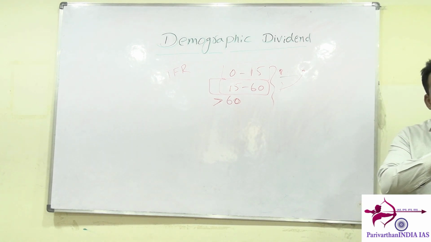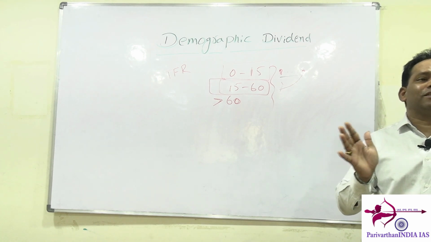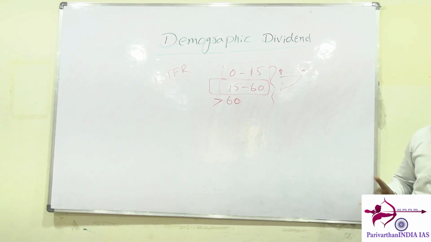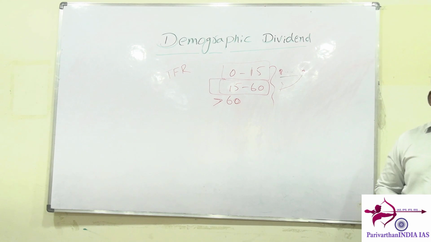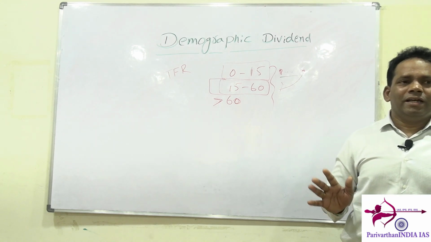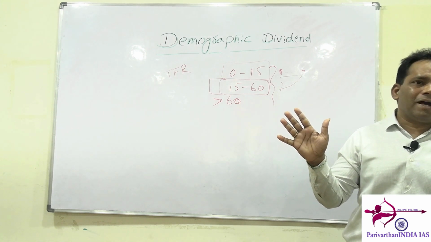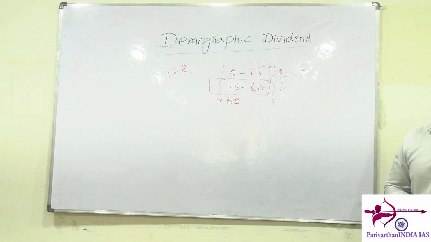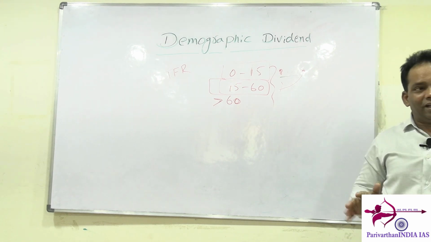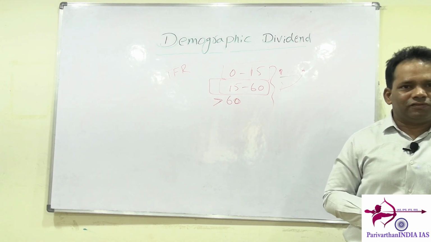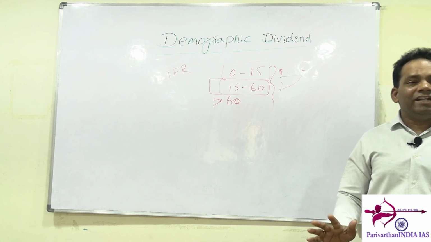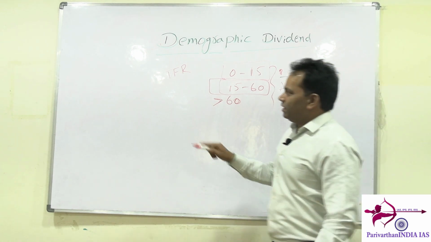Historically, as per the demographers, every nation has been passing through a demographic dividend. If India had passed through this demographic dividend during the colonial era, it would have lost its advantage.